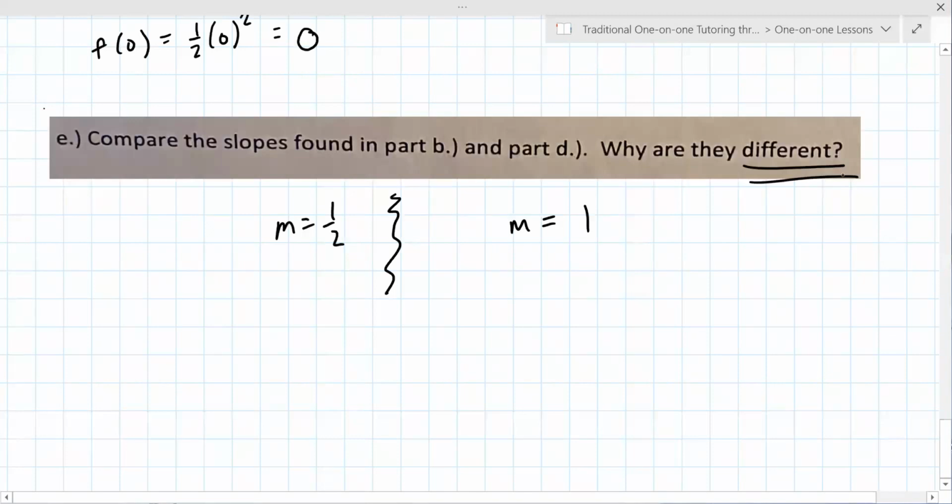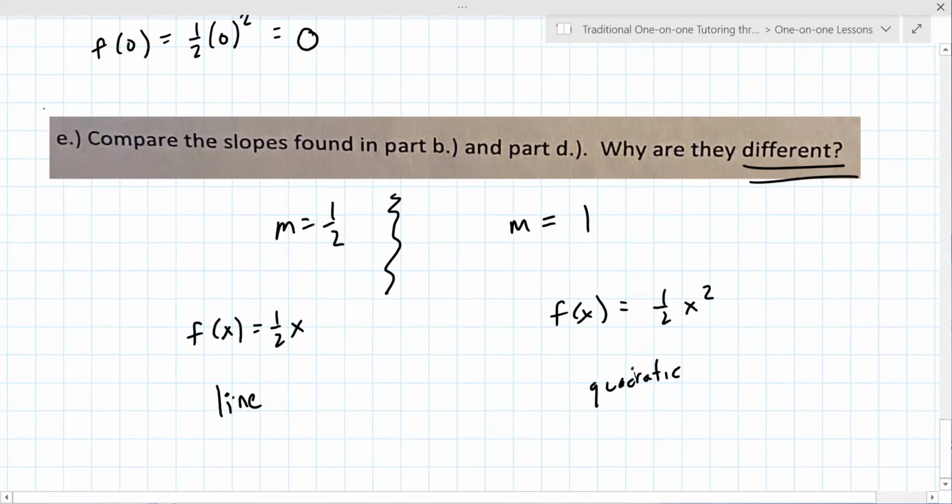And the reason is, well, the first one was a graph of f(x) = 1/2 x. It's a line. For the second one, your function is 1/2 x squared. It's a quadratic. And so the reason they're different is because one is a straight line and one is a curve.